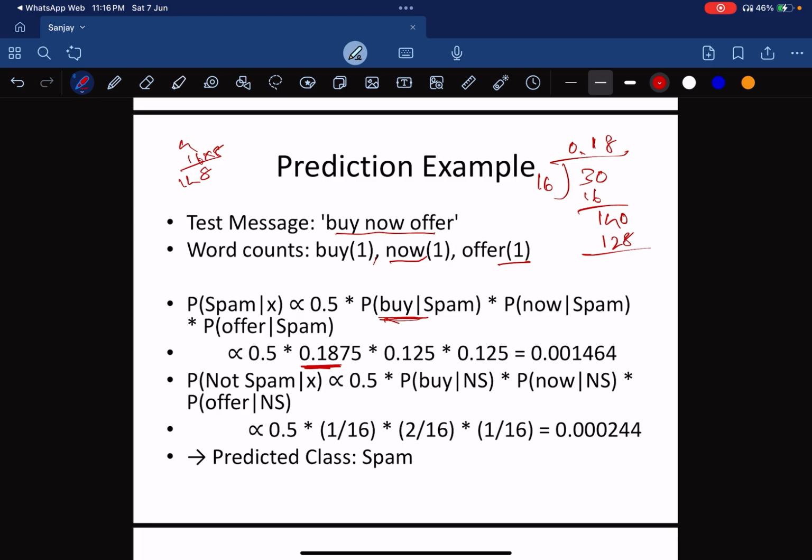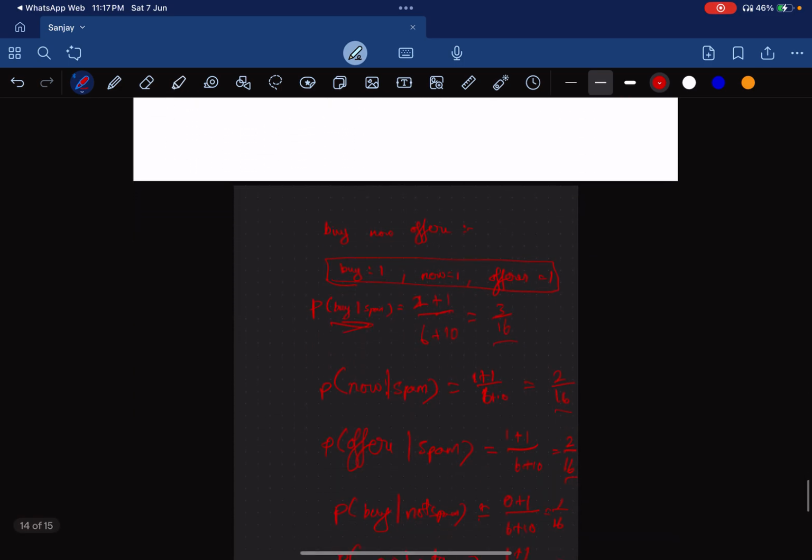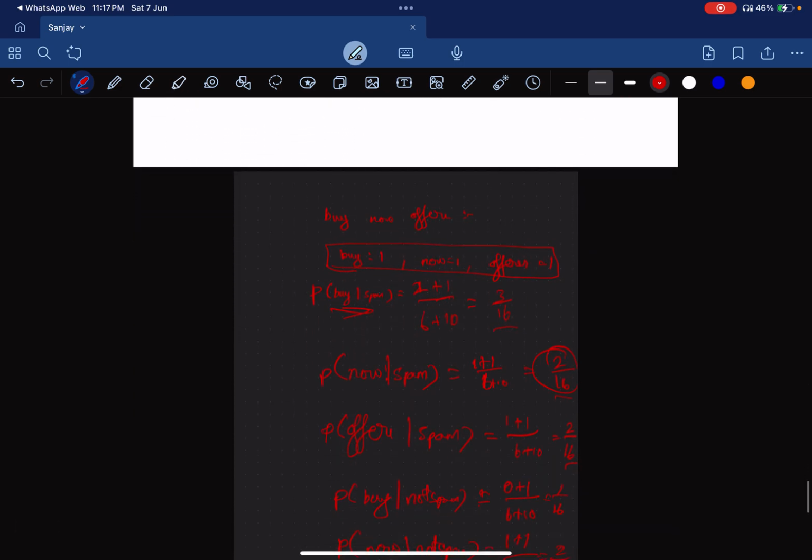You can do that division yourself. And for "buy" in the scam class the probability is 0.1875. Similarly, for "now" in spam, we already found that it is 2 by 16.